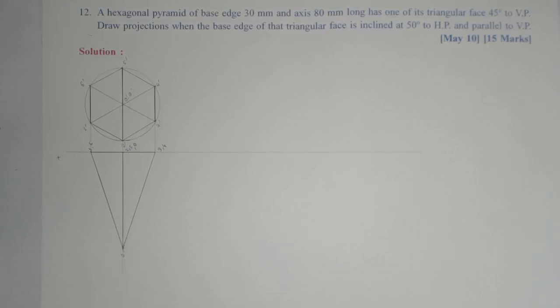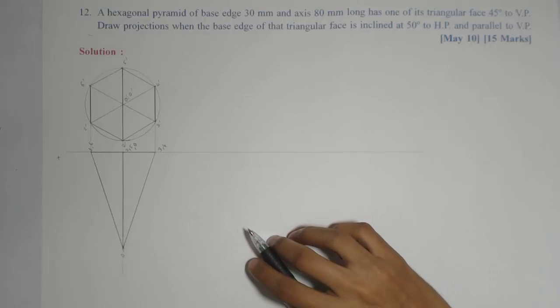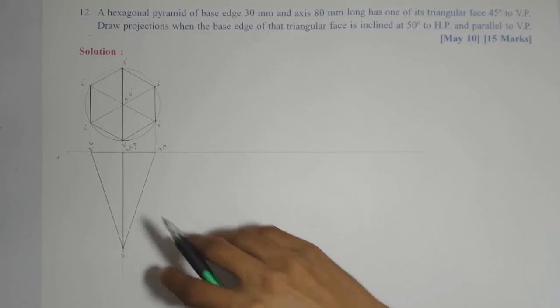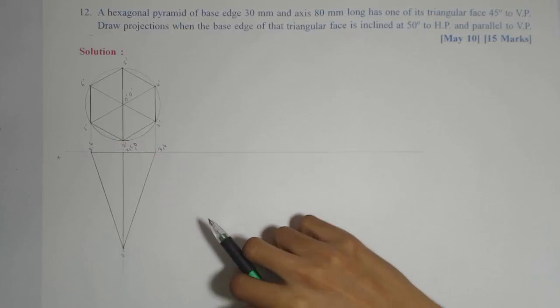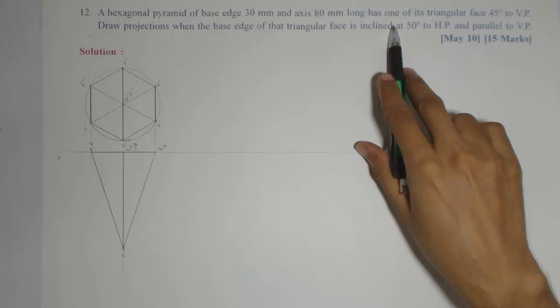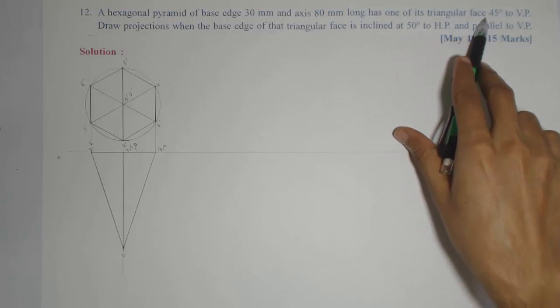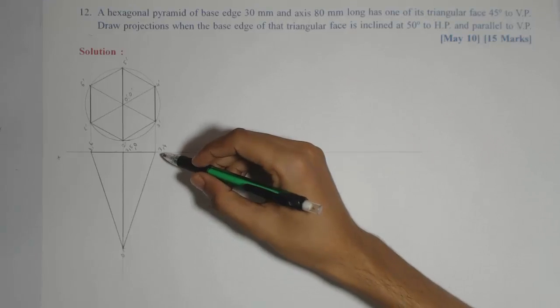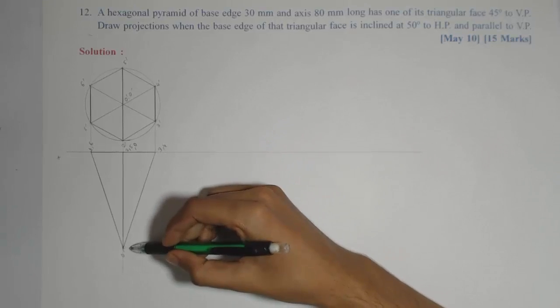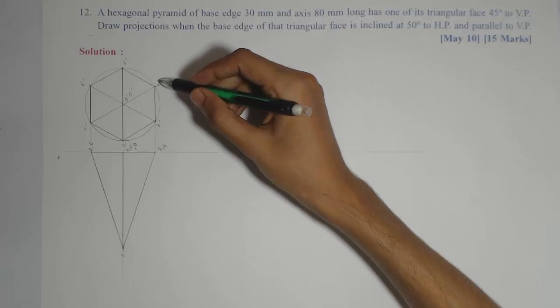Now in the second stage, we need the condition with respect to VP because we are redrawing the top view now. For that, the condition with the VP is given: one of its triangular faces is inclined 45 degrees to the VP. So the triangular face 3, 4, O is containing the base edge 3 dash 4 dash.